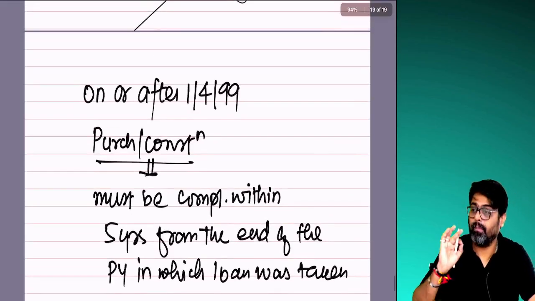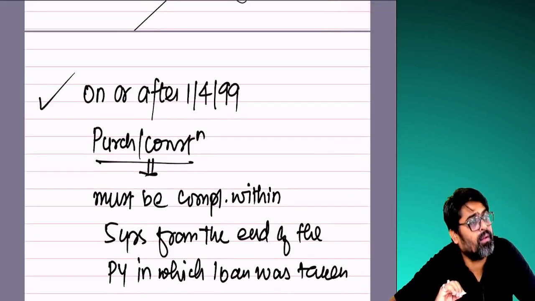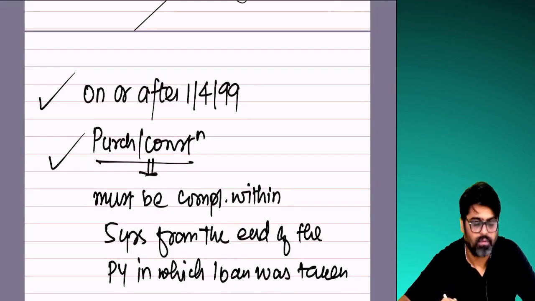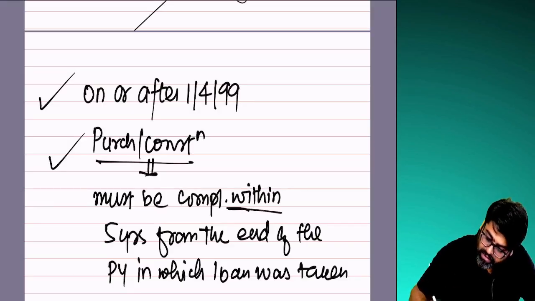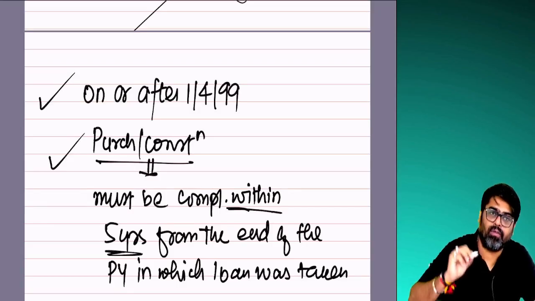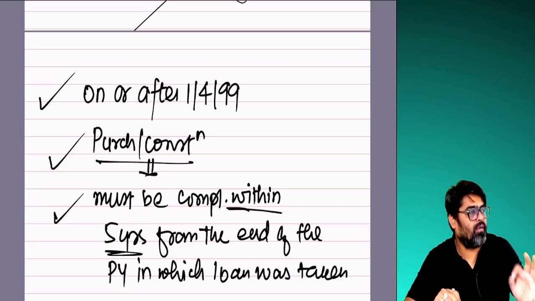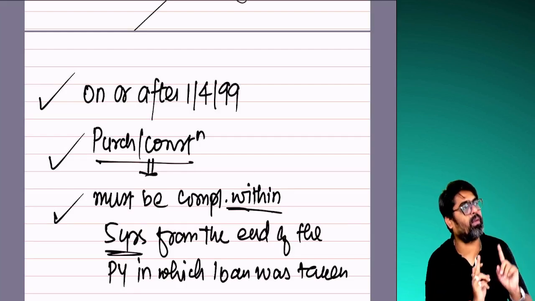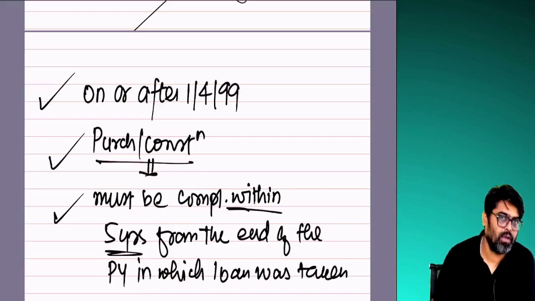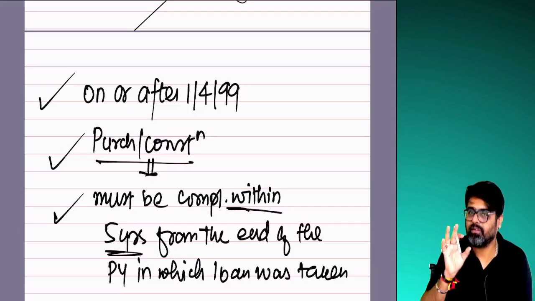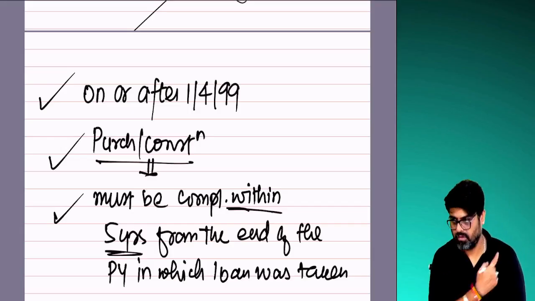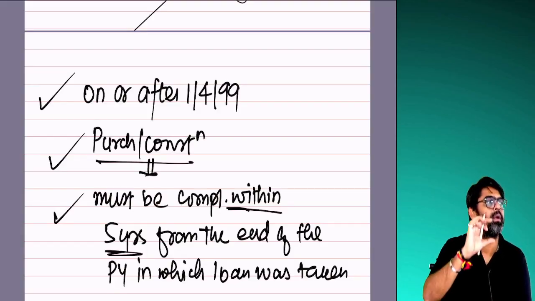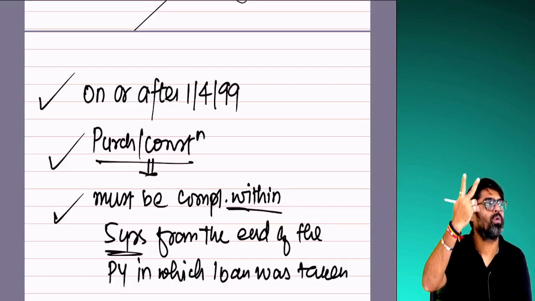So now tell me, the main 3 conditions are: the loan must be taken on or after 1st April 99, yes or no? For the purpose of purchase or construction, and the purchase or construction must be completed within 5 years from the end of the financial year in which the loan was taken. Only if you have taken a housing loan by satisfying all the 3 conditions can interest be claimed up to 2 lakhs.